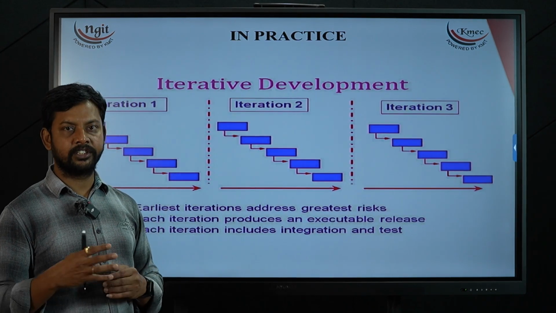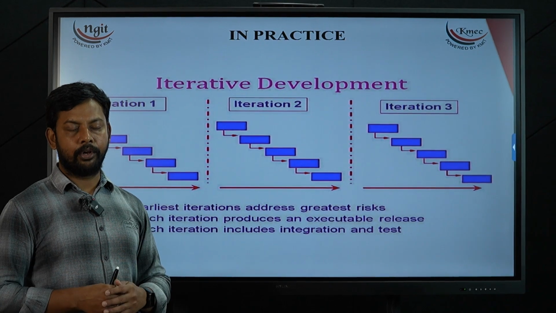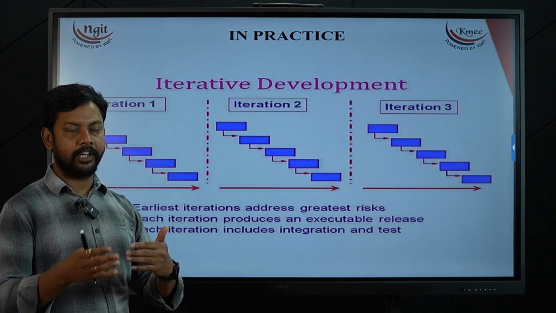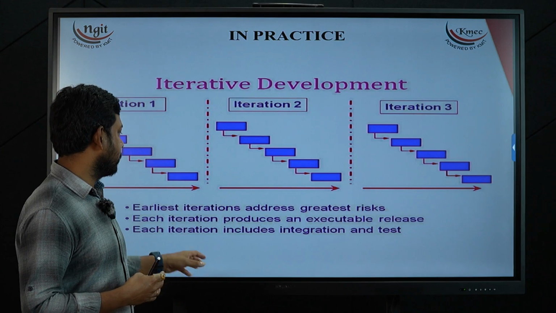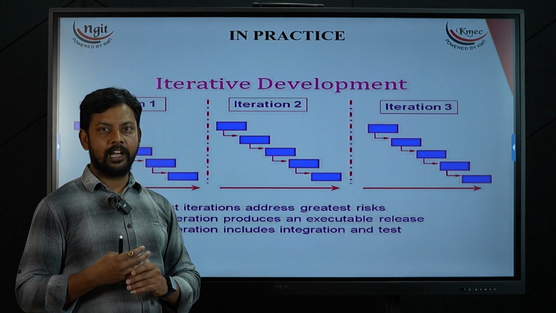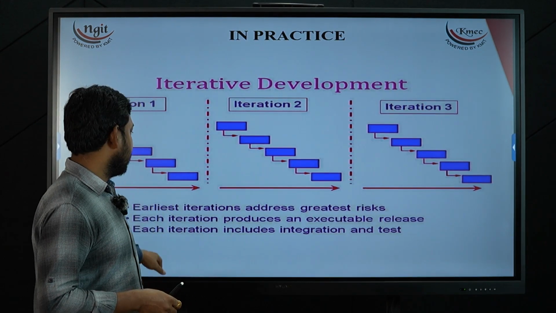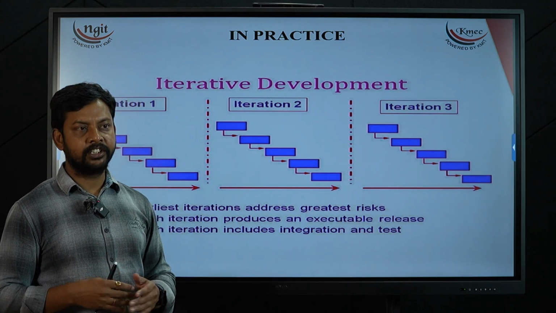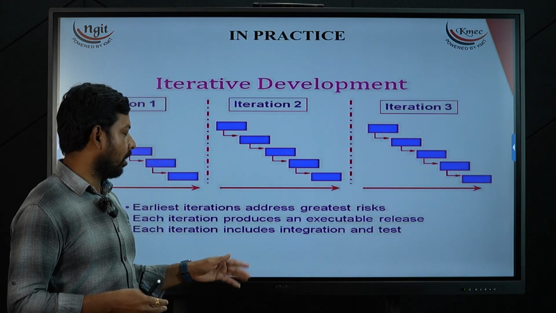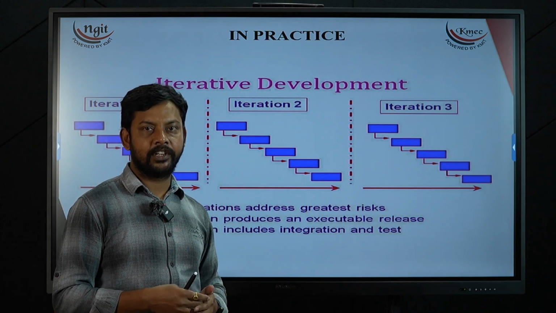Executable release indicates it is going to produce your results, or it is going to produce your software as a functional software. And third, every iteration is going to have its own integration phase and testing phase.